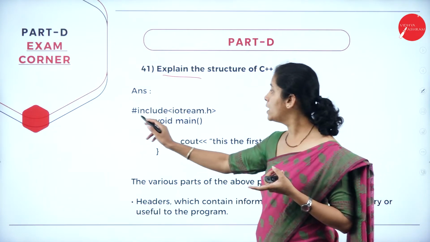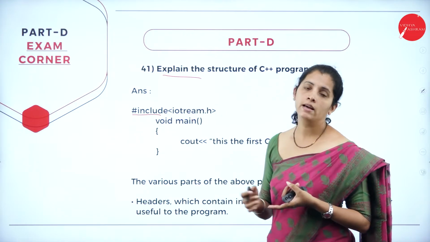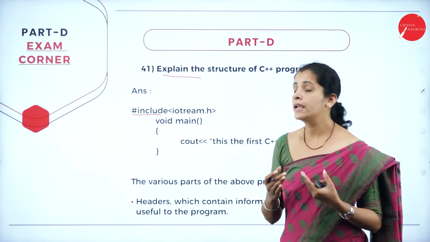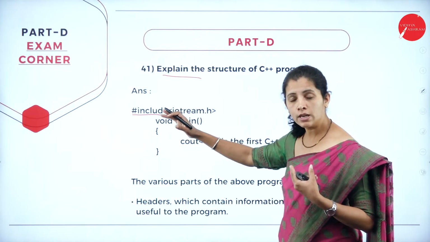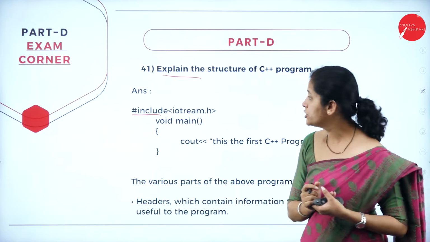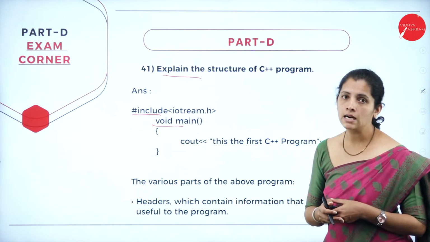After that, I'm going to have hash include preprocessor directives. Then I can use hash define. Then I can write the function prototype. Then I can include global variable declaration. After that, my main program starts.